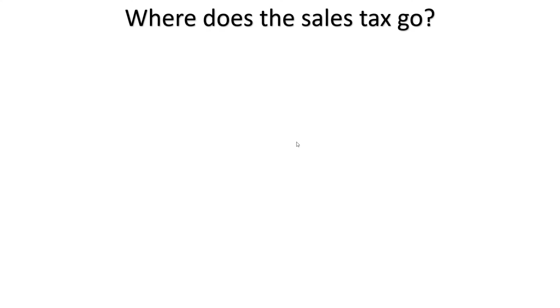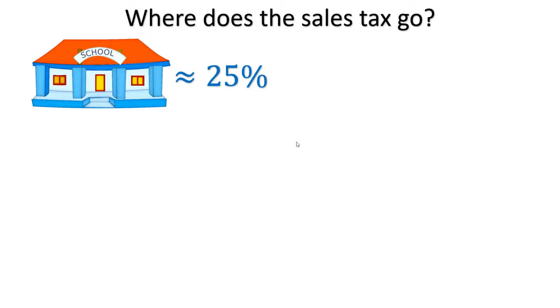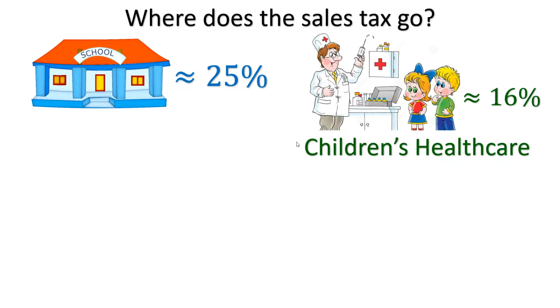So where does sales tax go? We have to pay sales tax on many of the items we purchase, and the state and the county and the city, different parts are getting this money. Looking up online, I found that roughly 25% usually goes to schools and public education. So thank you, because it helps pay for my job. About 16% goes towards children's health care and Medicaid.